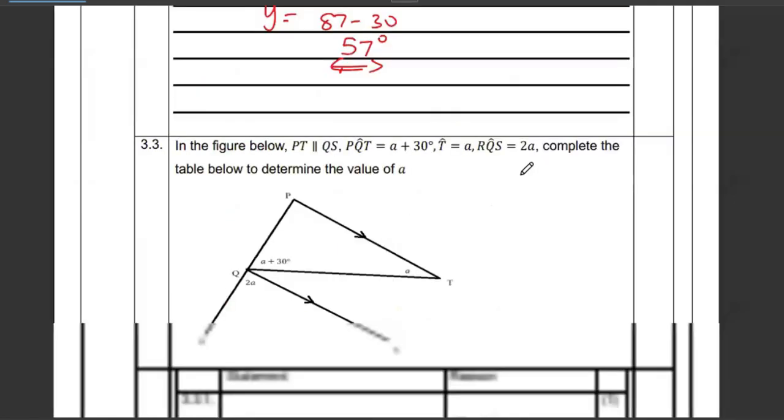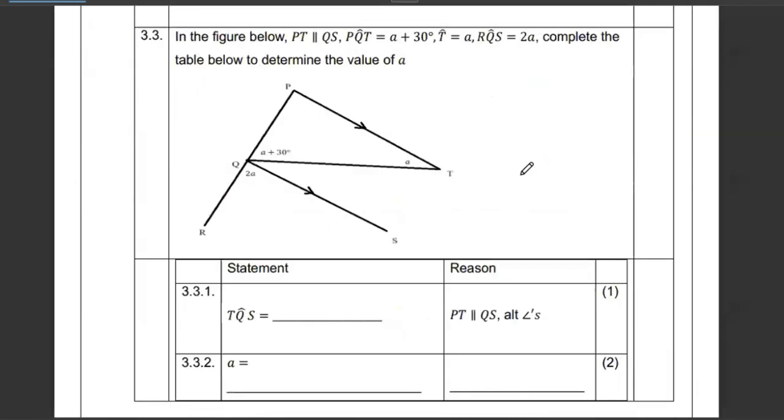Then 3.3, in the figure below, they're telling us that PT is parallel to QS. And then this angle is A plus 30, which is that. The angle T is A, which is that. And then RQS is 2A.